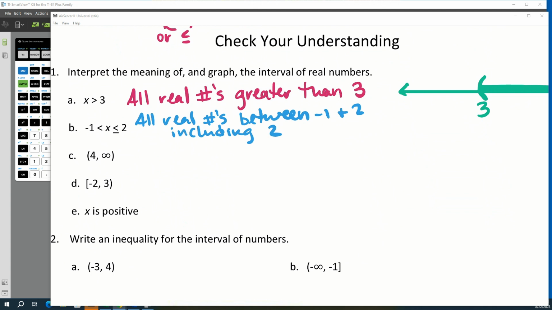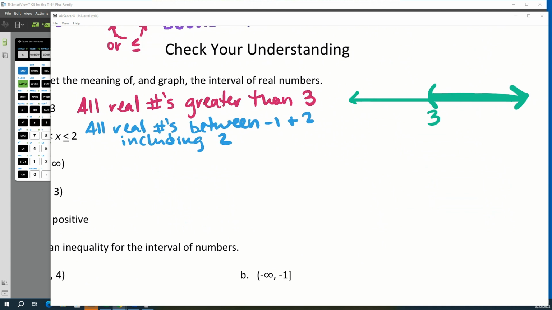Okay. And then when I go to do the number line, like I said before, you can put as many numbers as you want to on it. But in this case, all we need is -1 and 2. Okay. Since we are not including -1, we're going to do a parenthesis there.